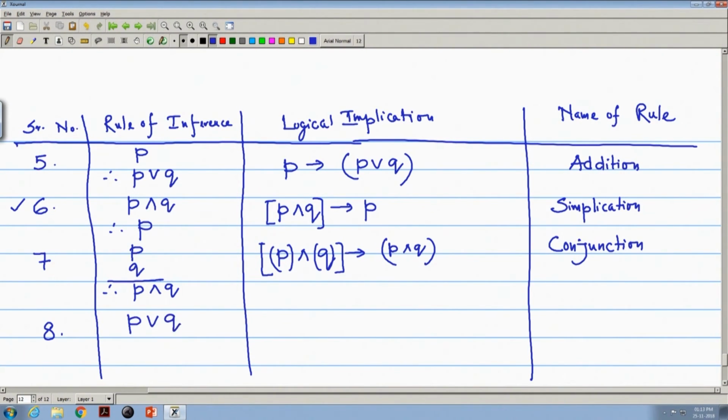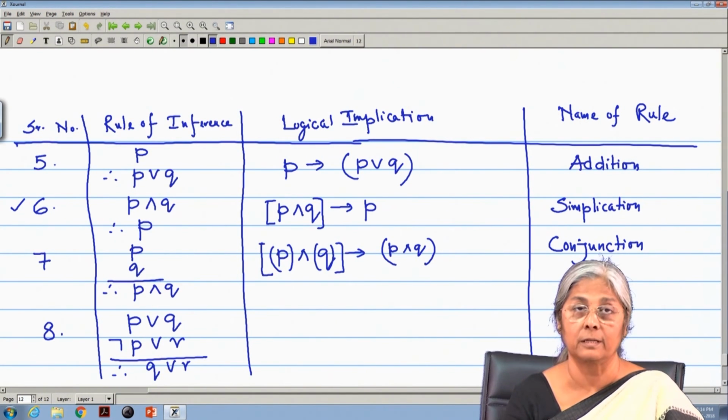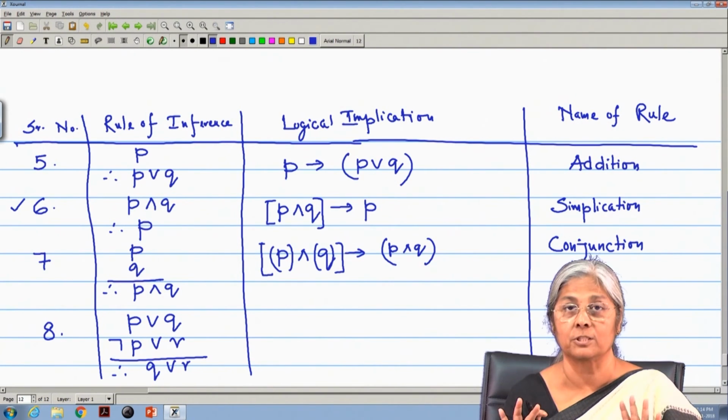This is the disjunction of P or Q and negation P or R, and it gives the result Q or R. So, I take the primitive statement P in disjunction with another primitive statement Q, and negation P in disjunction with another primitive statement R, then the other two, Q and R, are actually related with the logical connective, the disjunction.